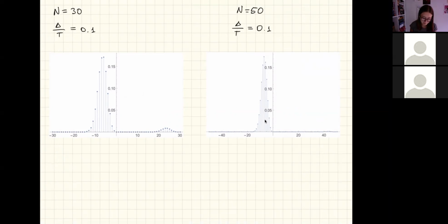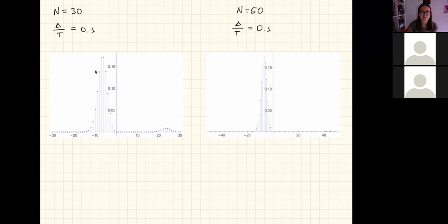For example, the graph on the left corresponds to the number of unitaries applied, which is 30, and the parameter which connects the energy gap with the temperature, I took as 0.1. And here we see that there is this funny peak on the right, which I'm not sure how to explain, but it's a funny random walk.